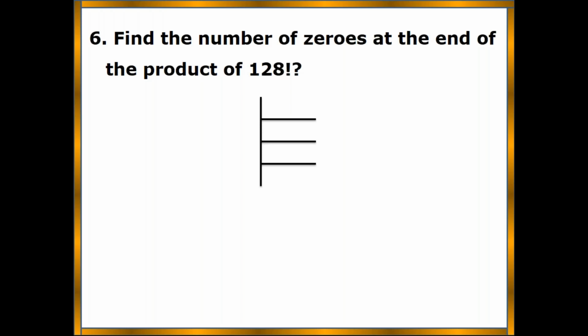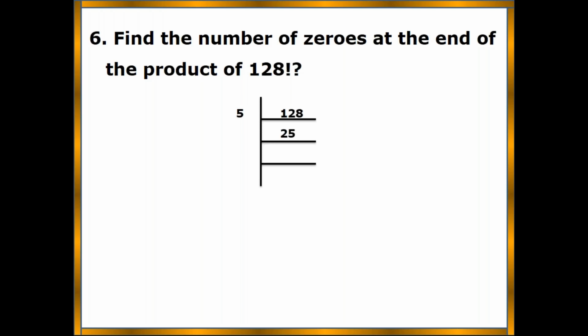So finding the number of zeros at the end of the product of 128 factorial means the number of zeros depends on the 10 power. 10 power means 5 power, indirectly. Yes. So 5 is the divisor for 128.